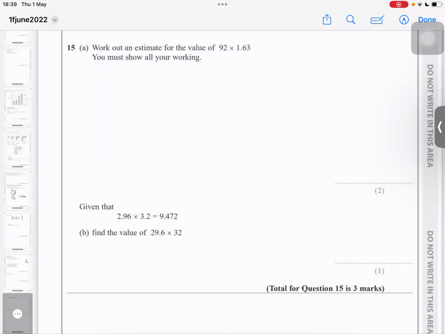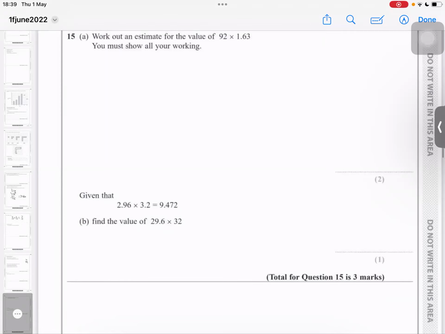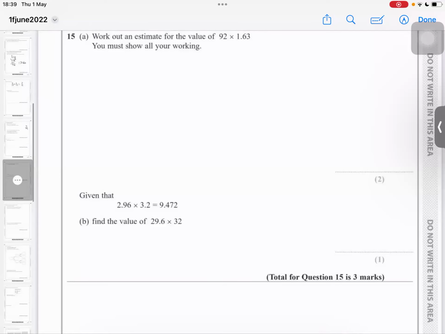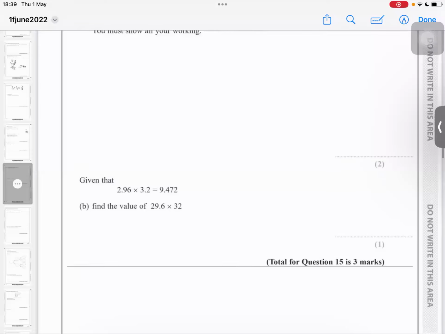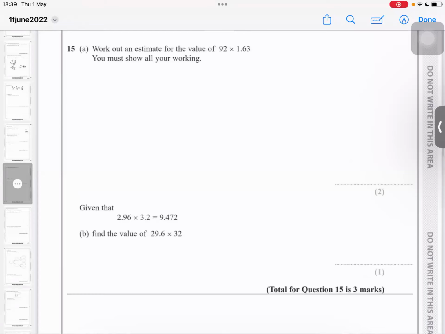So the decimal point for 9.472 is going to move two places to the right, right? So that's going to make it 947.2. Okay, so are you good with how to represent your working for this? Yes. Okay, no problem. Let's move on then.